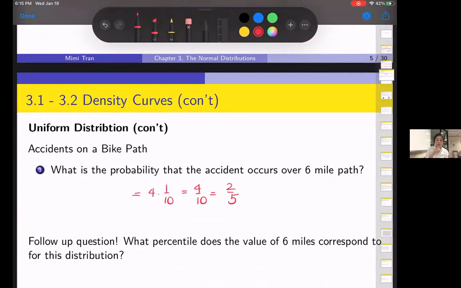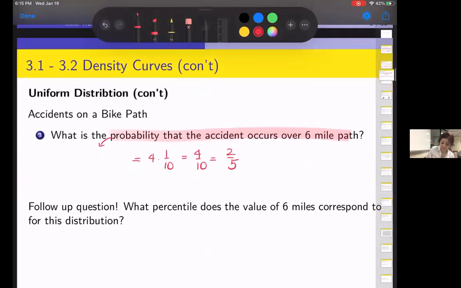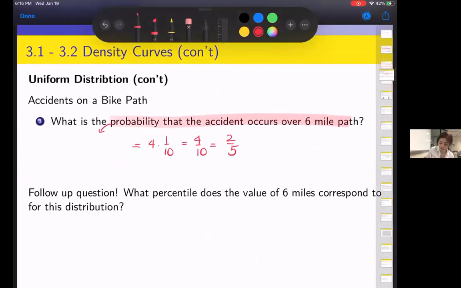Can someone tell me how to translate this into stat language? I did it before, it's very similar. Sean, you want to give it a shot?